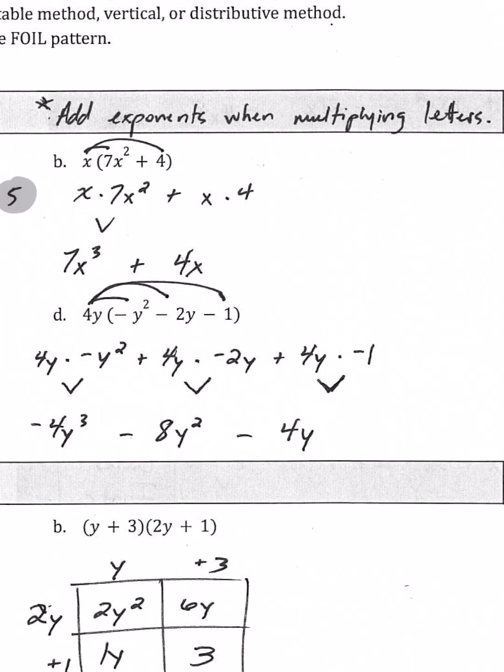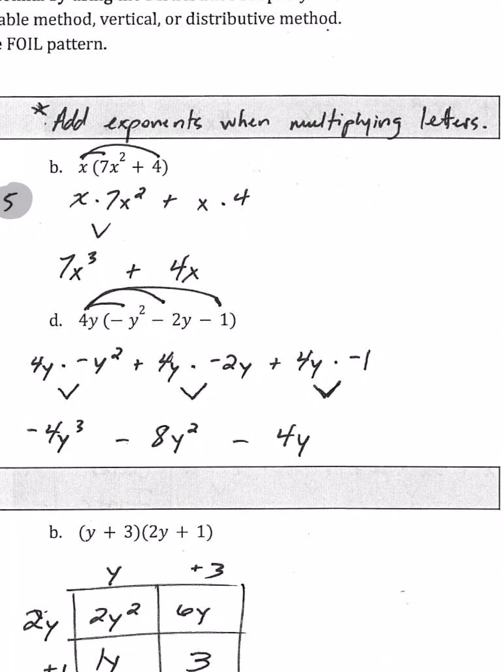This one's a little easier just because there are fewer numbers going on here. We have x on the outside of parentheses. We need to multiply the x with the 2 terms on the inside, 7x squared and the 4.